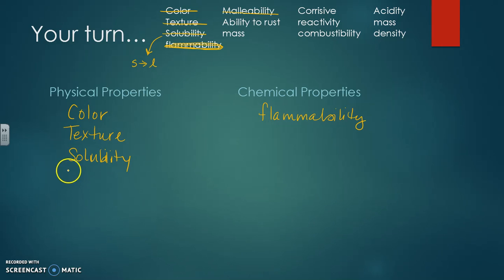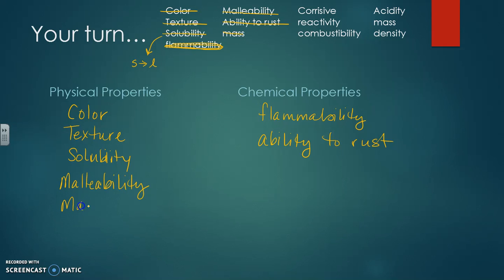It is a physical property because it's not changing the metal, it's just changing the way it looks. It's changing the shape. Ability to rust. There you go, because rusting is changing the composition of it. Mass is just talking about how heavy it is. Corrosive means that it's going to corrode or react with oxygen. So that would go over here.